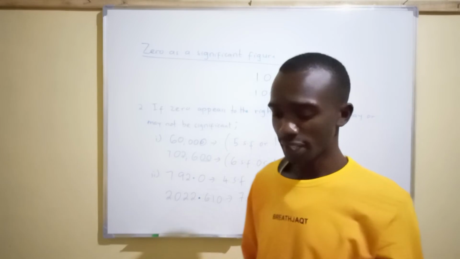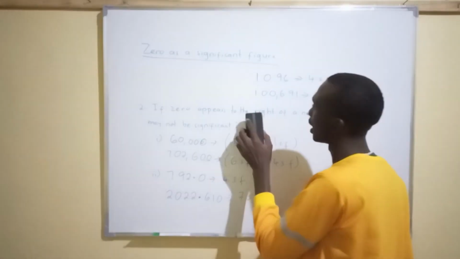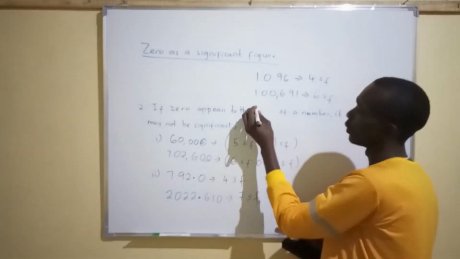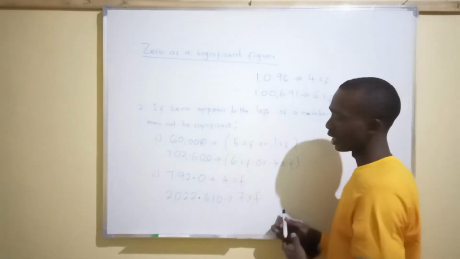Now let me talk about the last case, of 0 appearing to the left. Let us see what happens when 0 is appearing to the left of a number.